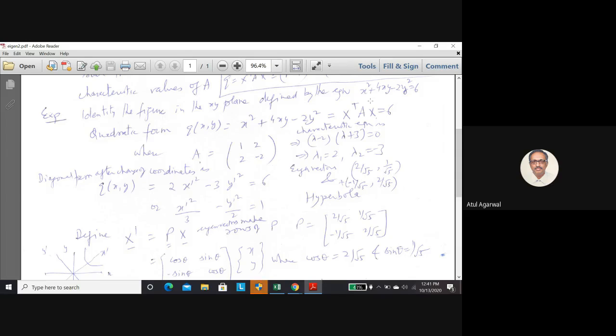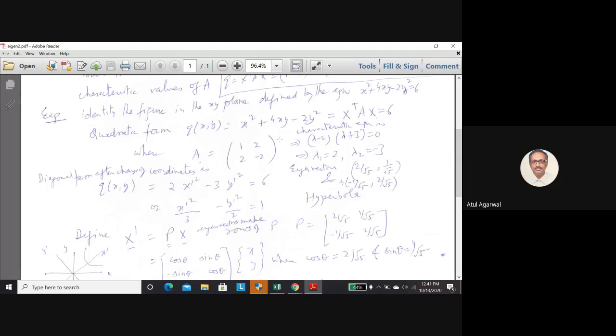Suppose you had added plus 2x, then it would not have been a quadratic form. Or had you taken this plus 5 on the left hand side, then the left hand side is not a quadratic form. So the quadratic form Q of x comma y for this equation can be written like this. This quadratic form you can write as x transpose A x.